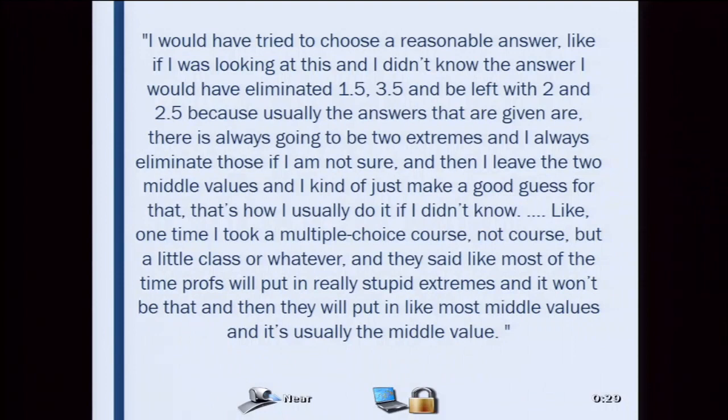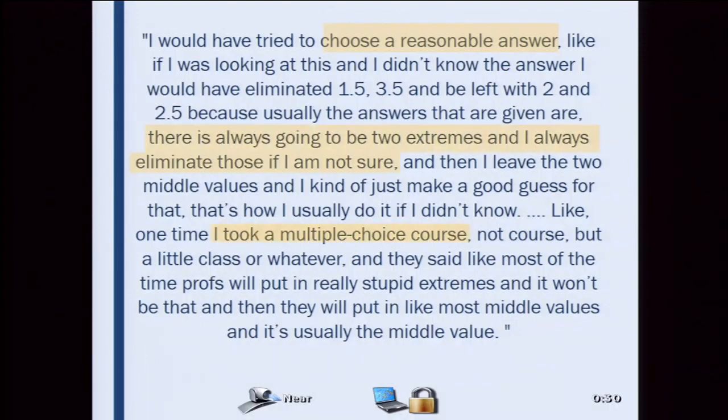Like one time I took a multiple choice course, not course, but a little class or whatever, and they said, like most of the time profs will put really stupid extremes, and it won't be that, and then they'll put the most middle values, and it's usually the middle value. So this was a little bit long to read, but what we're trying to get from this is that profs put in there a reasonable answer.